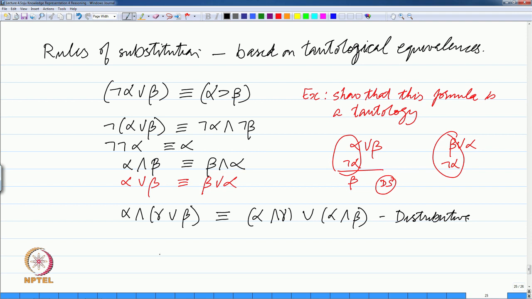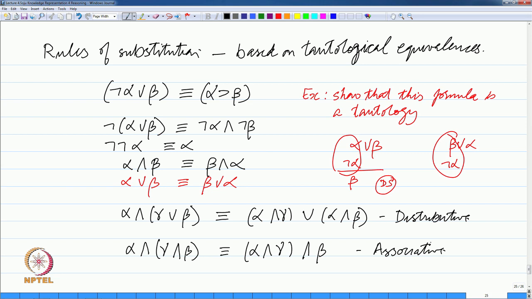Since we are talking about binary connectives, we may need to use rules like alpha and gamma and beta is equivalent to alpha and gamma and beta, which is a well known associative law. So, with these kinds of rules, we can substitute one formula with an equivalent formula, which can be used in other rules.